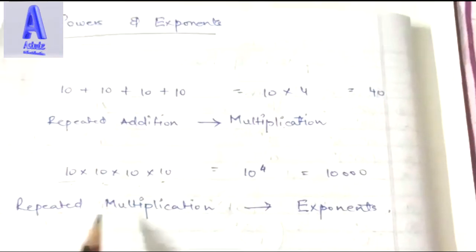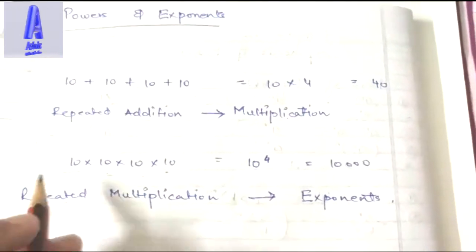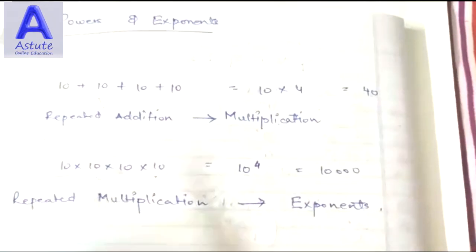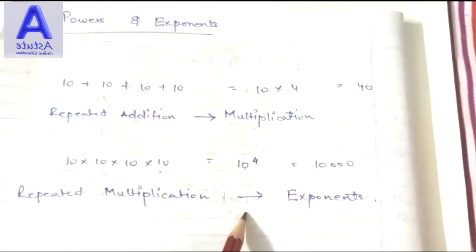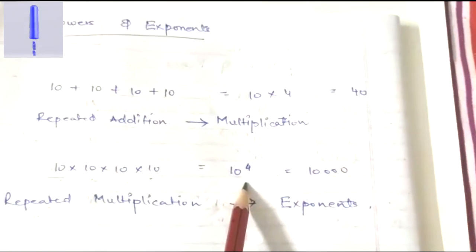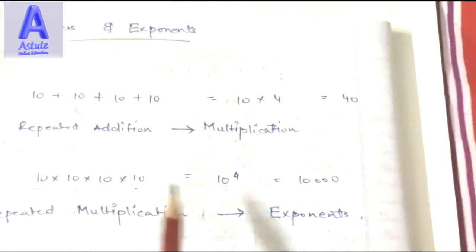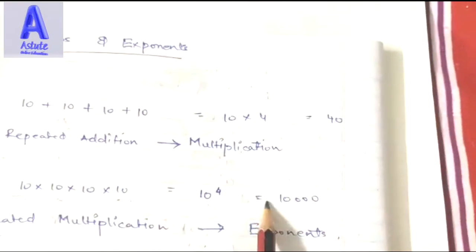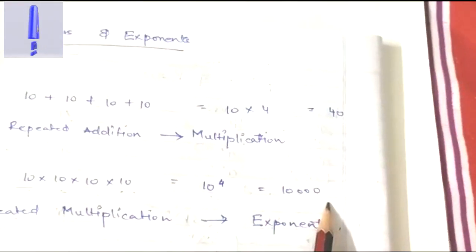This is repeated multiplication. Repeated multiplication can also be converted into exponential form, or exponents, which is 10 raised to the power 4. The answer in this case is the same for both, which is 10,000.